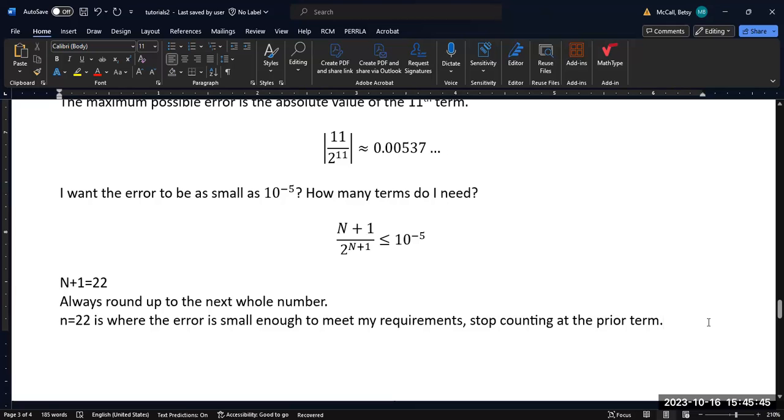And so you don't have to worry about is this n or n plus 1. But in the alternating series, you stop counting at n, and the value of little n where the error is smaller than that is actually n plus 1. So the error is in the 22nd term, and then you stop counting at the prior term, so 21 terms.